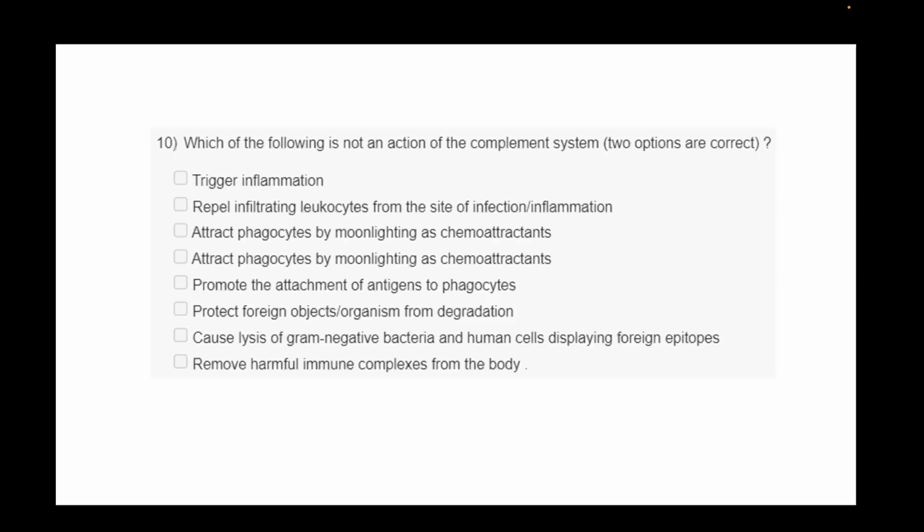Option 3, attract phagocytes by moonlighting as chemoattractants. Option 5, promote the attachment of antigens to phagocytes. Option 6, protect foreign objects or organisms from degradation. Option 7, cause lysis of gram-negative bacteria in human cells displaying foreign epitopes. Last option, remove harmful immune complexes from the body.